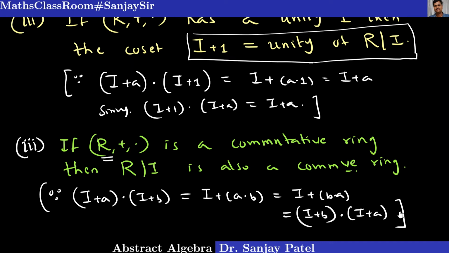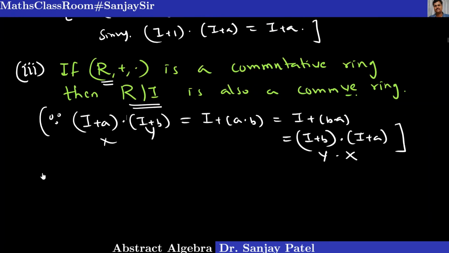So this suggests that x into y is equal to y into x for all x and y belonging to R mod I. So R mod I is commutative if R is commutative. If R has unity 1, then I plus 1 is a unity of R mod I. If R is commutative, then R mod I is also commutative.